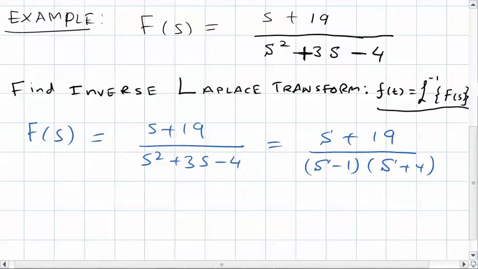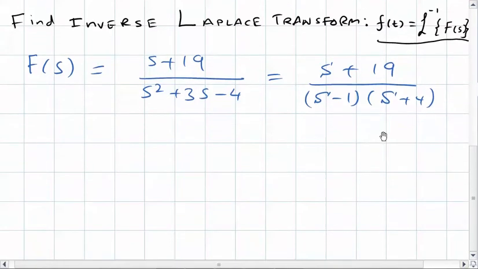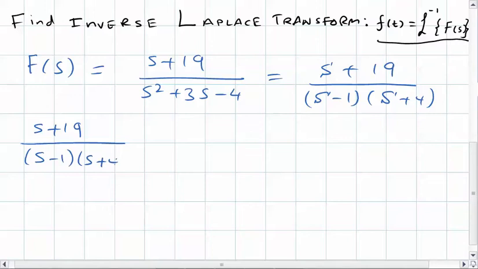So my question is, what can we do to factor this statement, which is s plus 19 divided by s minus 1 times s plus 4? All right. Okay, can I find A and B such that they will be equal to each other, left and right?